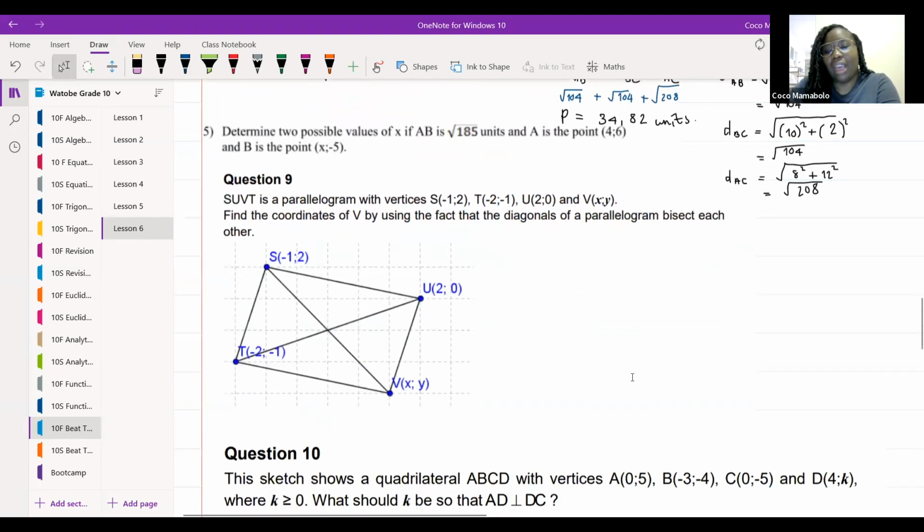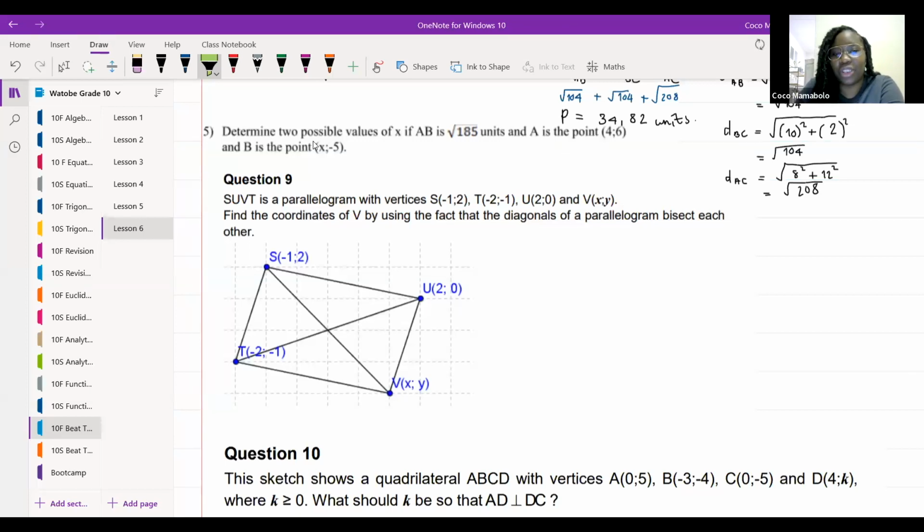Okay, it says here that SUVT is a parallelogram. What do we know about parallelograms? You can pop your properties of a parallelogram in the chat.